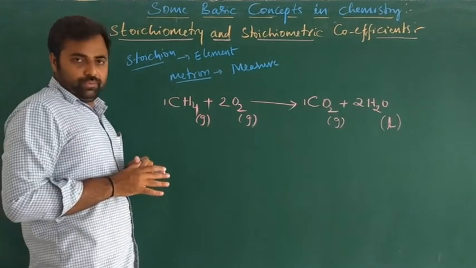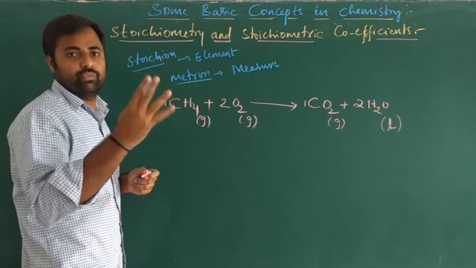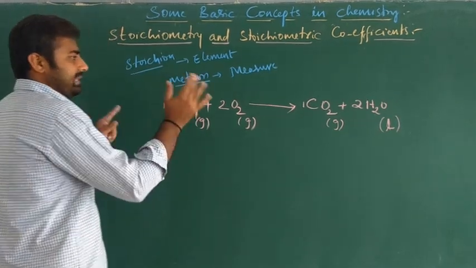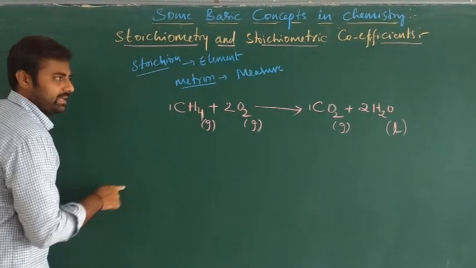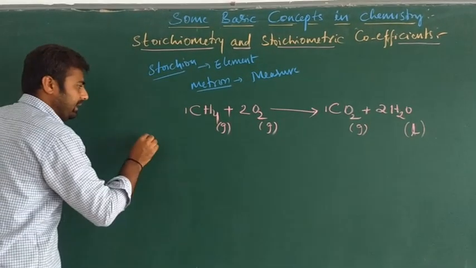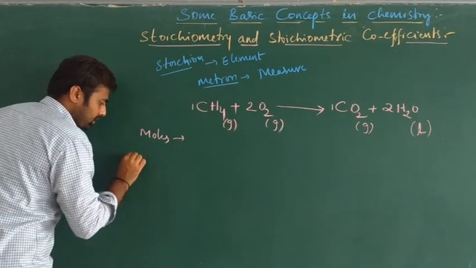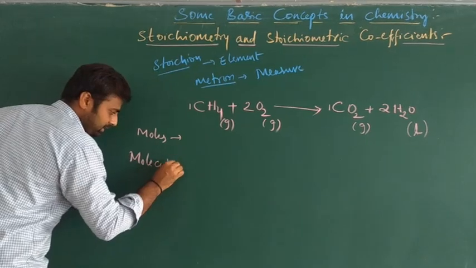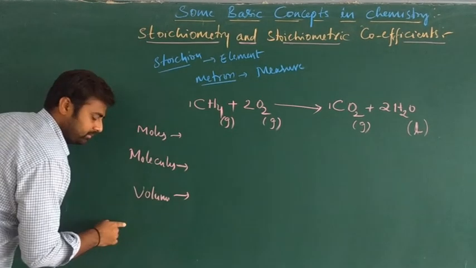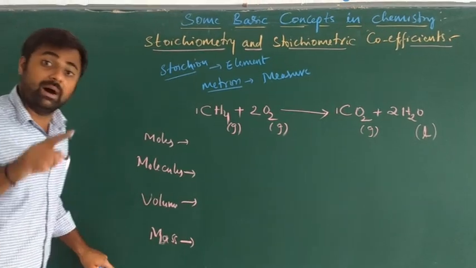The stoichiometric coefficient can be explained in 4 ways. Listen carefully, you can easily understand this one. In this balanced equation, this equation can be explained in 4 ways by using the stoichiometric coefficient. That equation can be explained in moles, or in case of molecules, or in case of volume, and finally that can also be explained in the form of mass.